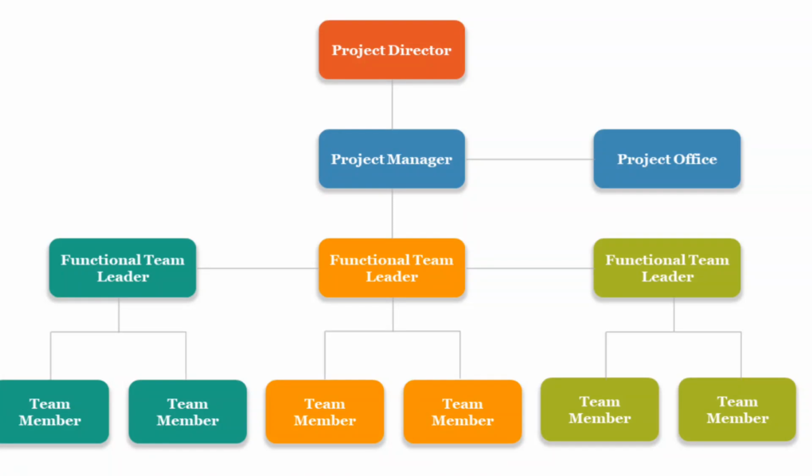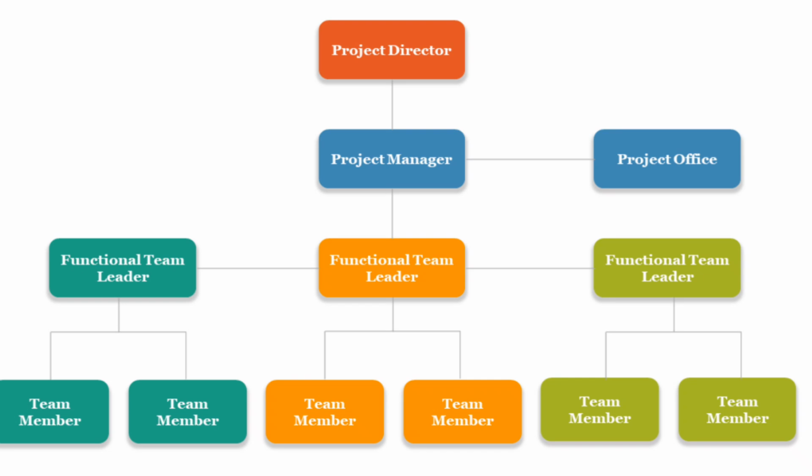So let's look at project team structure. A project manager is supposed to understand this project team structure, and as a project manager, you are supposed to have this whenever you are working on your project. A project has these individuals involved.